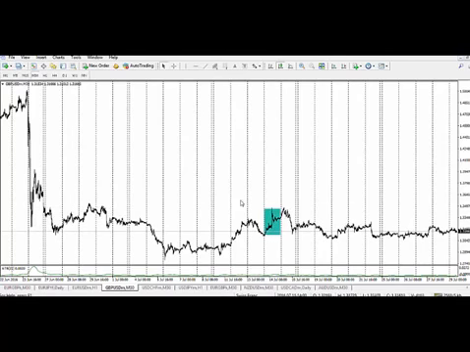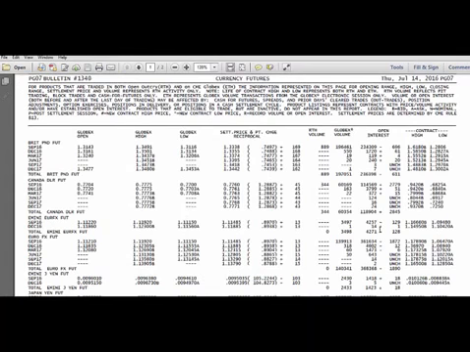Really nothing changes. Let's watch the volume also. What about the volume? Total volume for the contract was 196,000 contracts. It is pretty large volume, not a record, but pretty large.